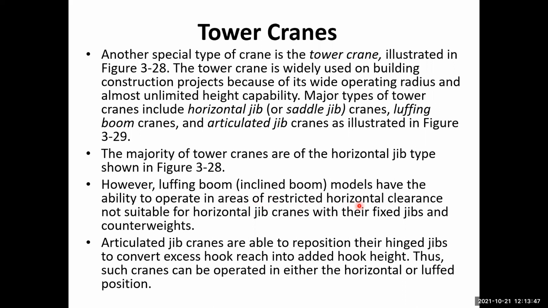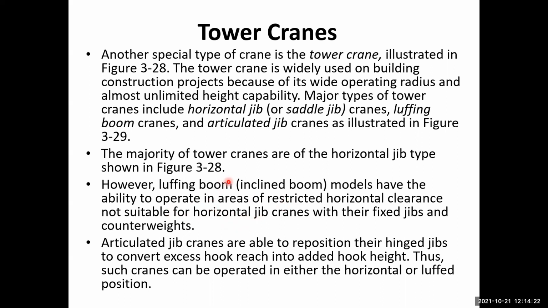If the horizontal area is limited, luffing boom cranes can be used, which are flexible in decreasing the horizontal reach of the crane. They are suitable where horizontal jib cranes with their fixed jibs and counterweights are not.